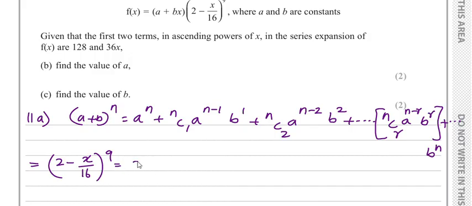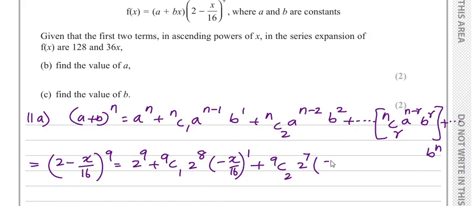That is 2 to the power of 9, plus 9C1, 2 to the power of 9 minus 1, which is 8, times (minus x over 16) to the power of 1, plus 9C2, 2 to the power of 9 minus 2, which is 7, times (minus x over 16) to the power of 2, plus dot dot dot. We only need three terms: first term, second term, third term.